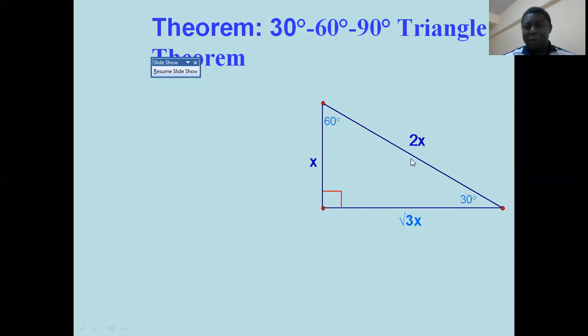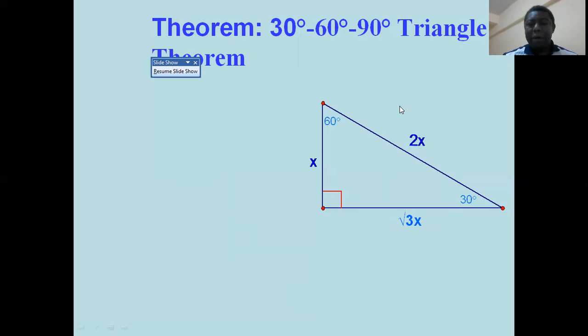And the base, the second longest leg of the triangle, is square root of 3 times the length of the shortest leg, all right? The square root of 3 times the length of the shortest leg.